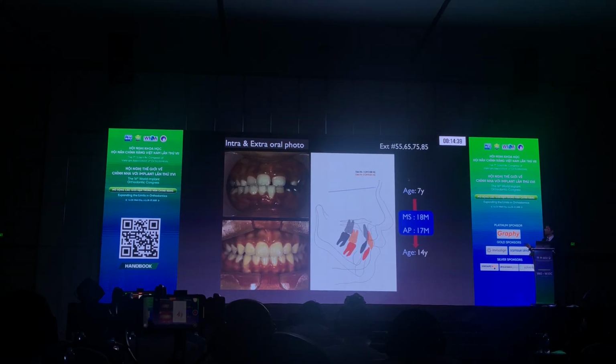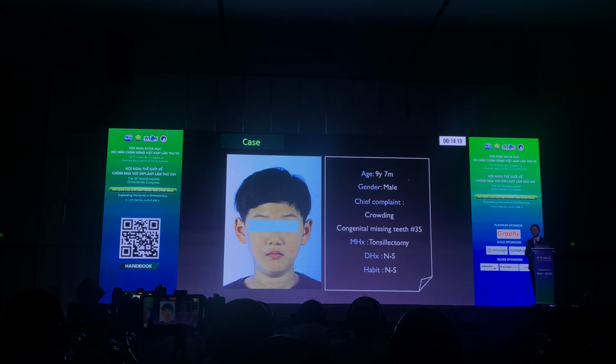So here is the first and the final. For the first phase, we only used two removable appliances: a median screw and an AP screw. There's no more orthodontic treatment. We only decide the timing of the primary molar extraction. How about unilateral missing?